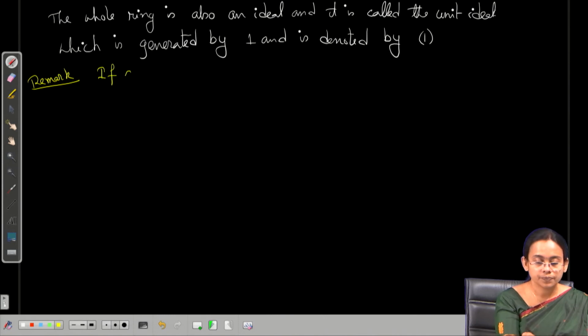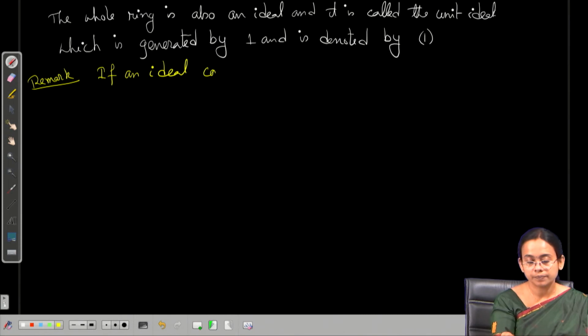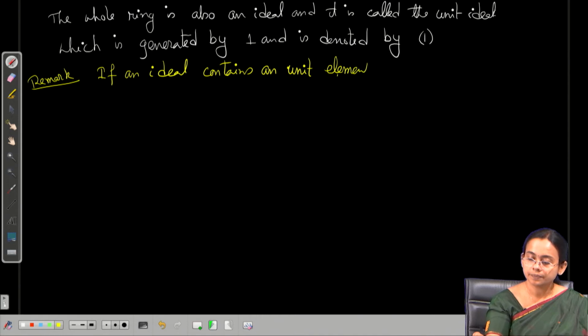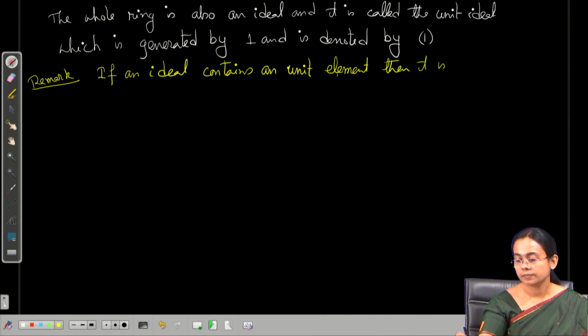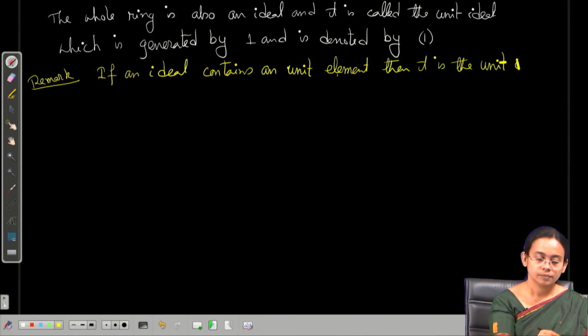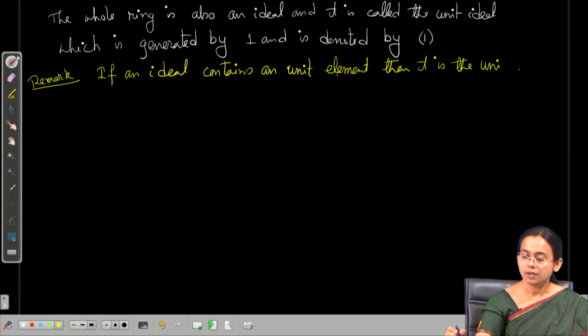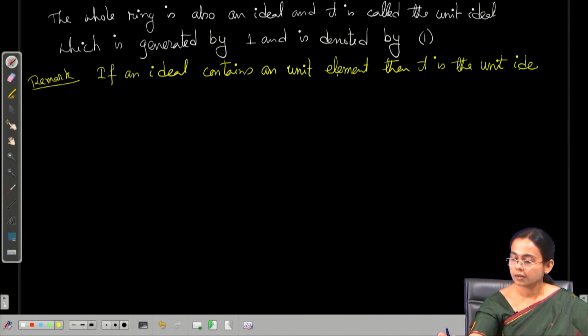If an ideal contains a unit element, then it is the unit ideal.